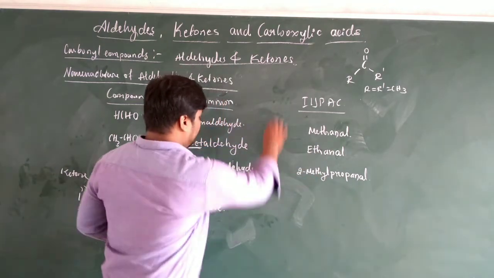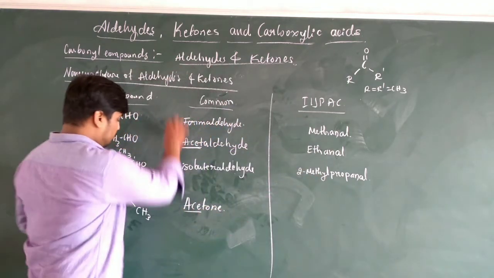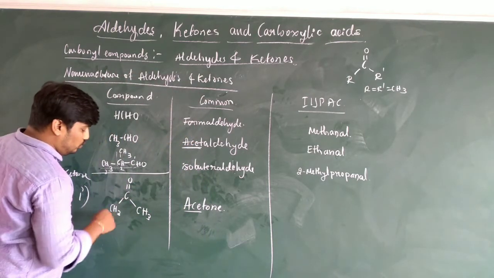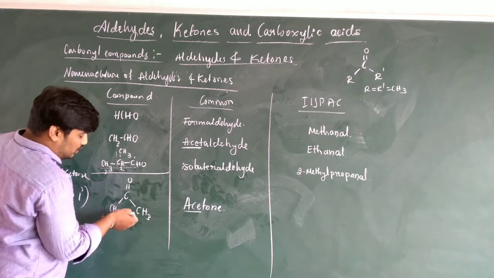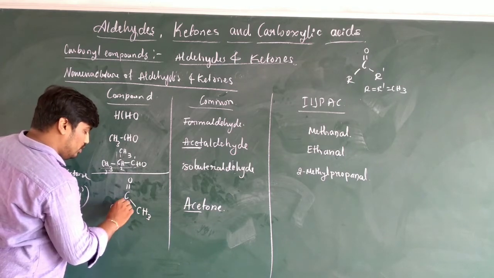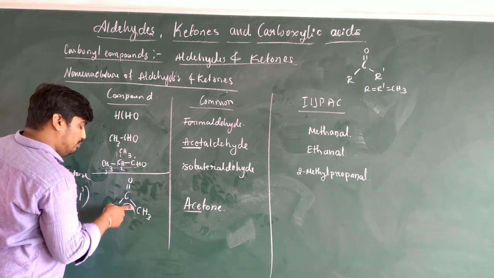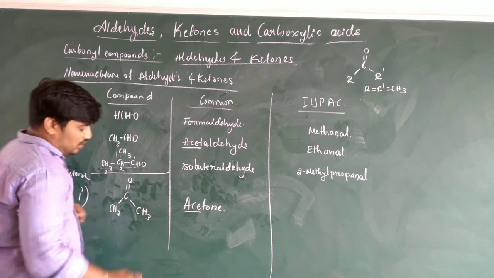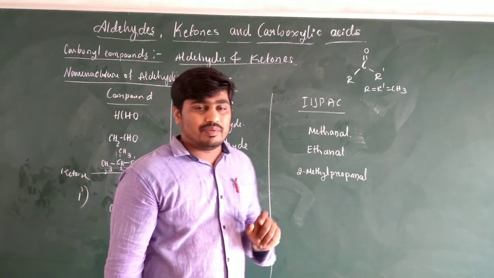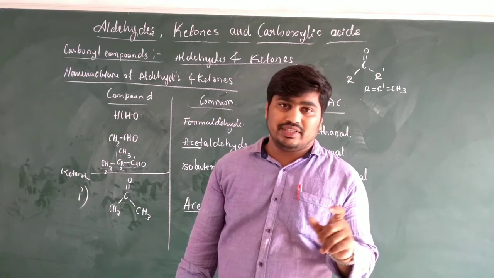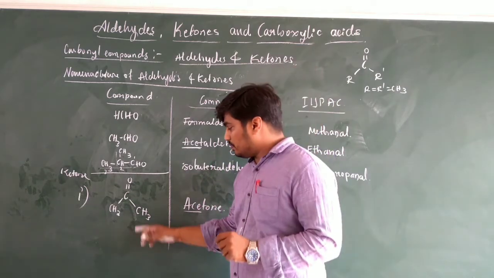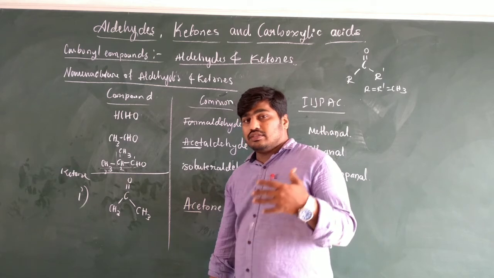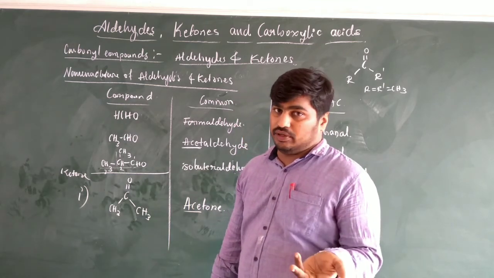Then what is the IUPAC name of this compound? How to give the number? Select the long chain, and numbering. Here the functional group is not present at the corner carbon, correct? It is present in the middle. Therefore, numbering starts with the carbonyl carbon.